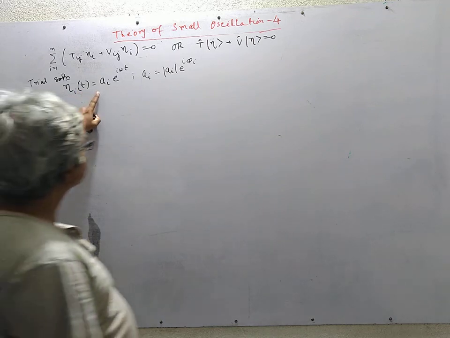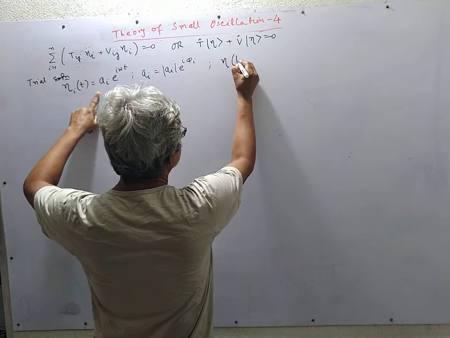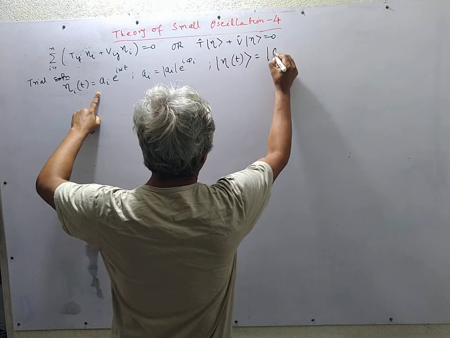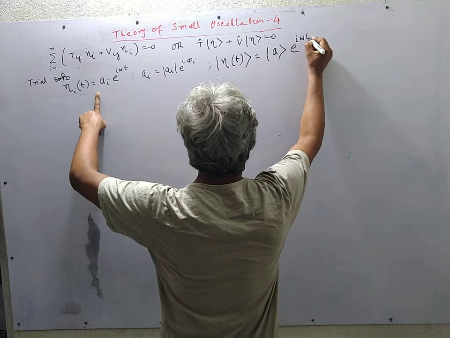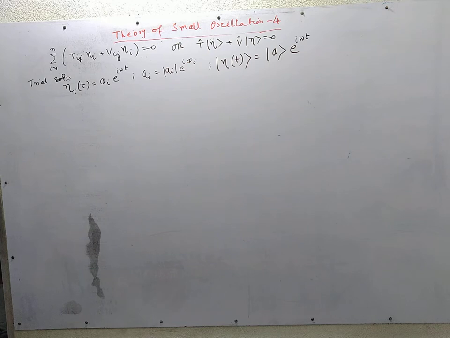In matrix form, the relation is eta of t ket is equal to a ket e to the power i omega t. What we have assumed in this trial solution is that the system, for each degree of freedom, is executing a true oscillatory motion about its stable equilibrium configuration.